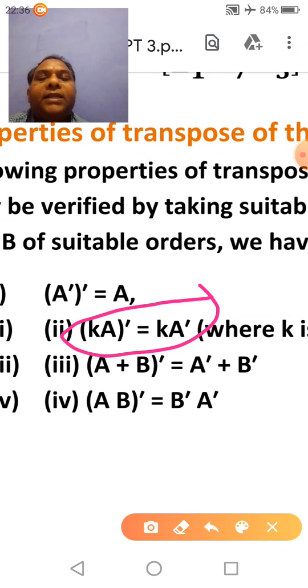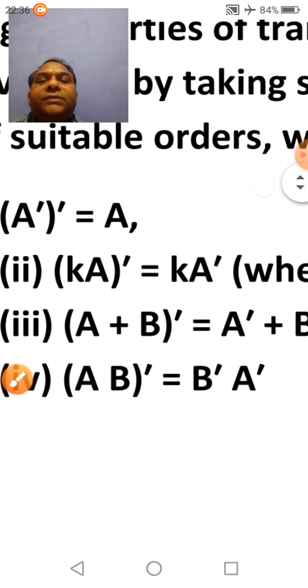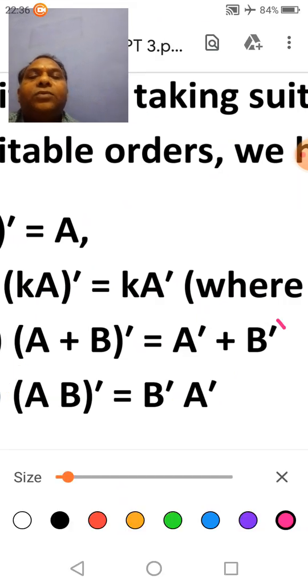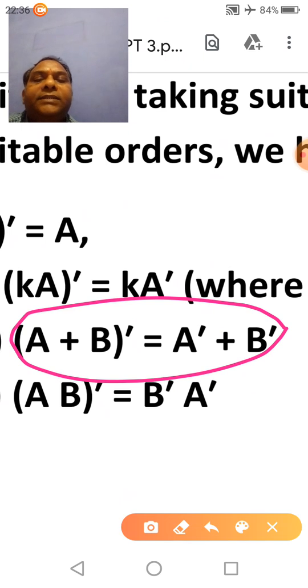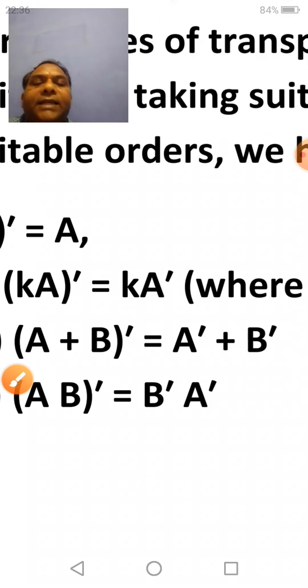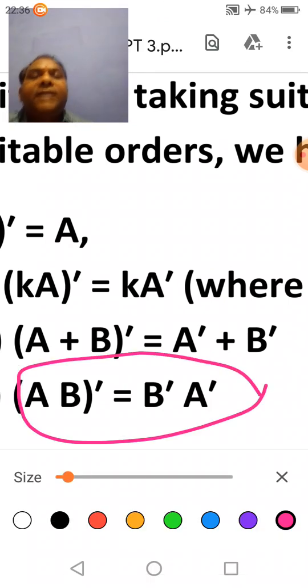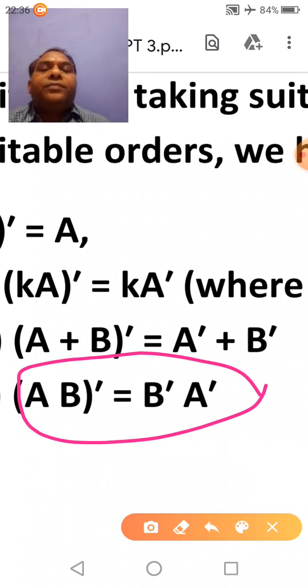Third property is (A plus B) dash is equal to A dash plus B dash, and fourth property is (AB) dash is equal to B dash into A dash. So these are the properties of transpose.